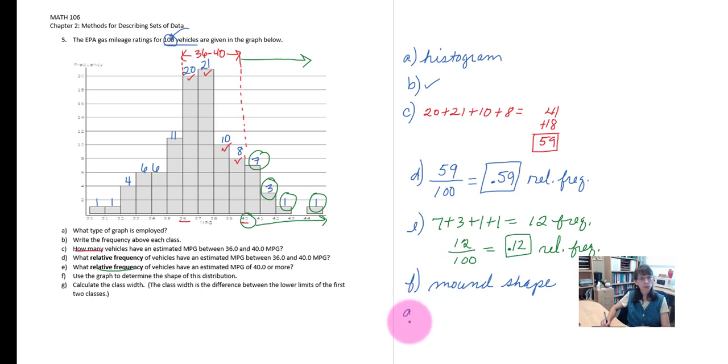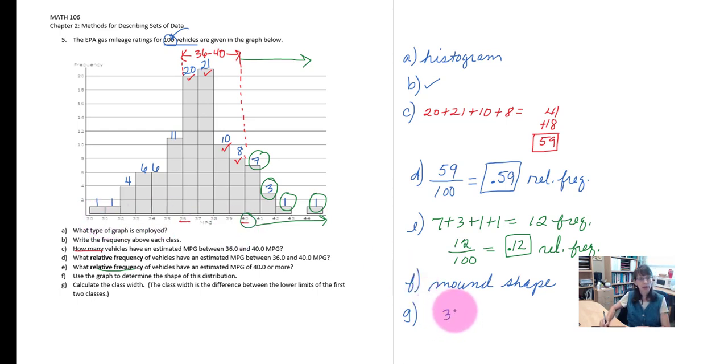And our final question for part G wants us to calculate the class width. The class width is the difference between the lower limit of the first two classes, or really any two classes could be chosen. So our first bar goes from 30 to 31.